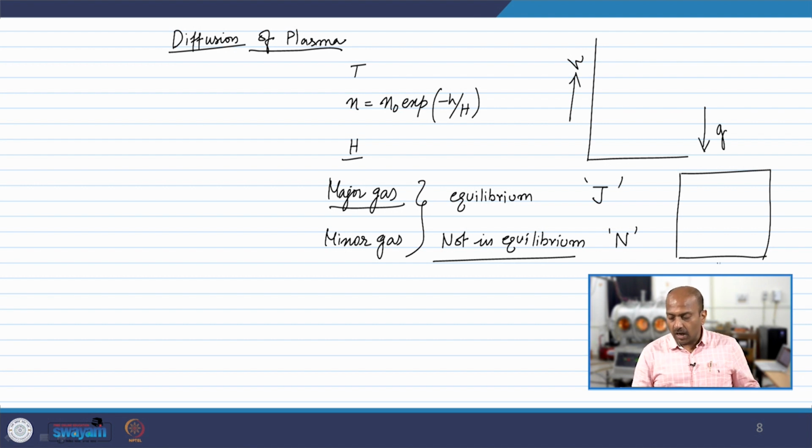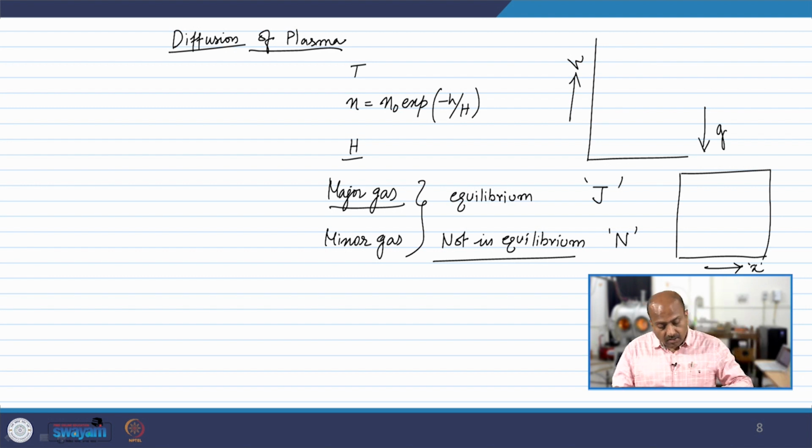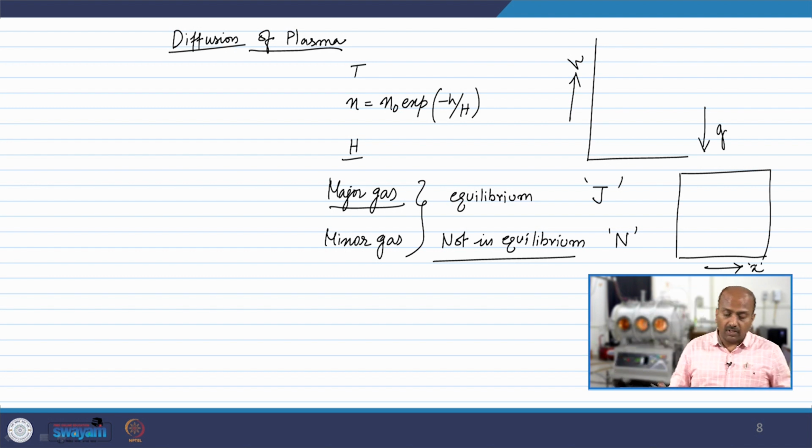Let us say we confine ourselves to one direction, which is x. Okay. So, wherever you go along x, you will find an equal number of constituents of major gas per unit volume. But the minor gas is not in equilibrium and is distributed as if there is a gradient in its concentration. So, dN by dx is positive along the x direction.